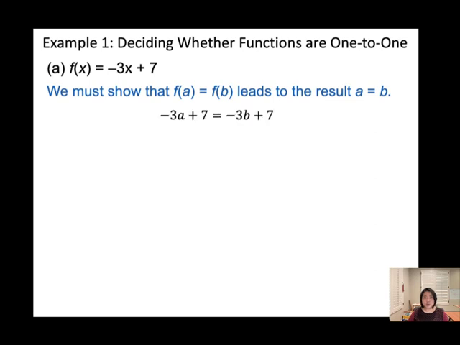We're going to plug it in. f of a means -3a plus 7 will be equal to f of b, so we have -3b plus 7. Now we try to simplify. We're going to subtract 7 from both sides, and then divide by -3 on both sides. So we find a equal to b. So this is going to be a one-to-one function.